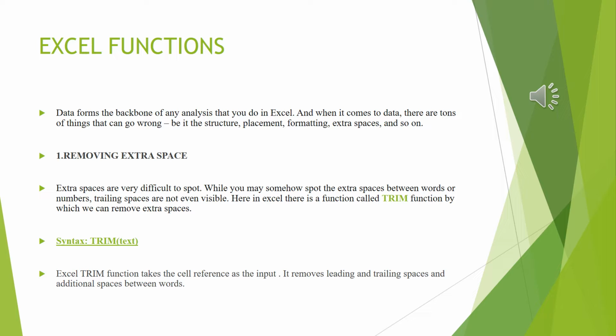The first one is removing extra space. Extra spaces are very difficult to spot. While you may somehow spot the extra space between words or numbers, trailing spaces are not even visible. In Excel there is a function called TRIM, by which we can remove extra space.